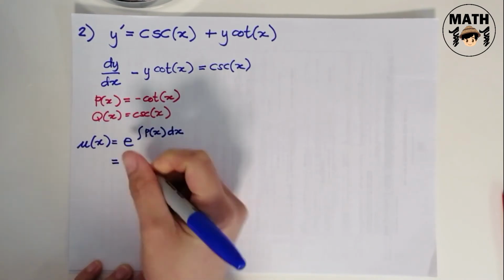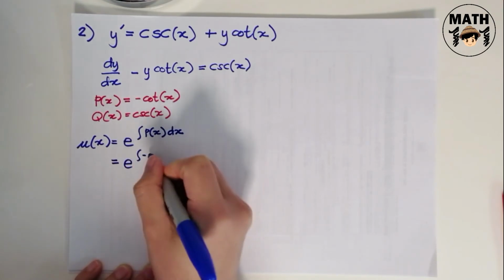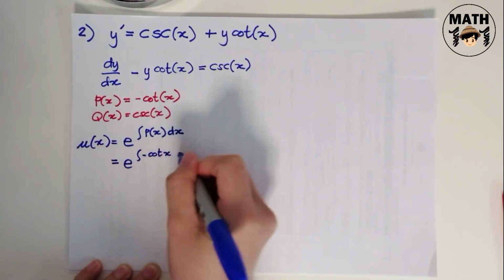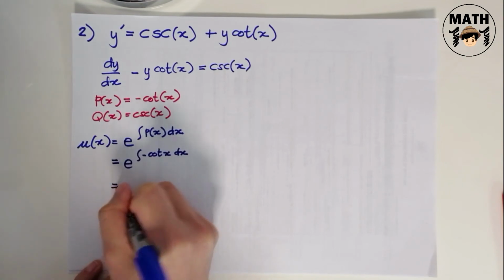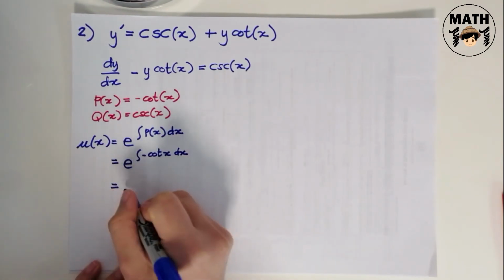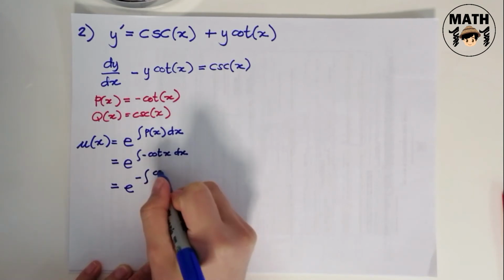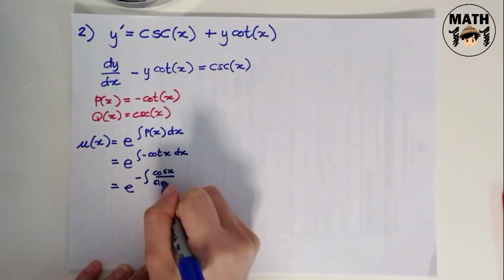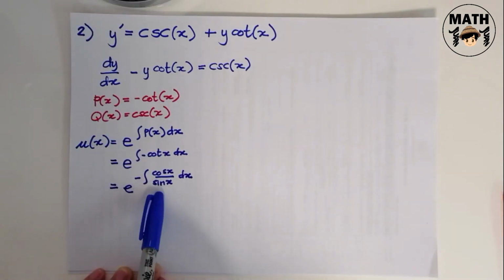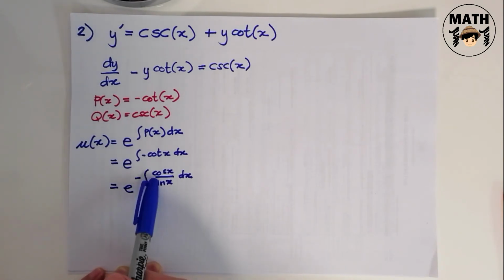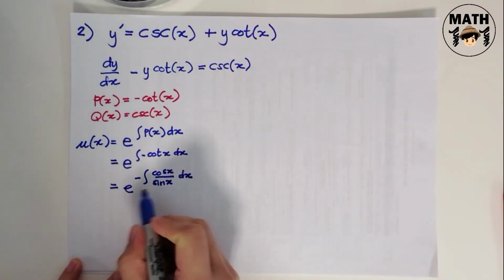This is equal now to e raised to the integral of negative cotangent of x dx. We can also write cotangent of x as, keeping the negative outside, the ratio of cosine of x over sine of x. Taking the integral of this, if we let sine of x be u, then its derivative is equal to cosine of x dx.